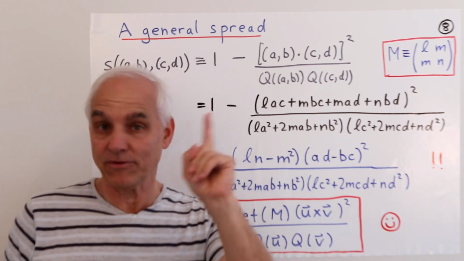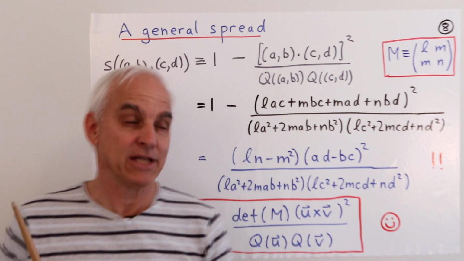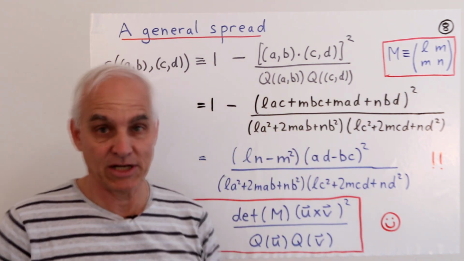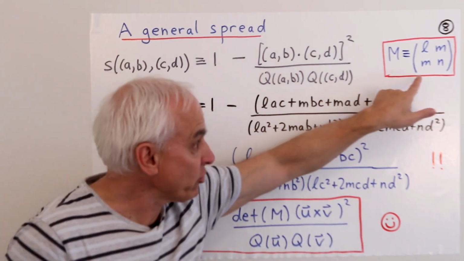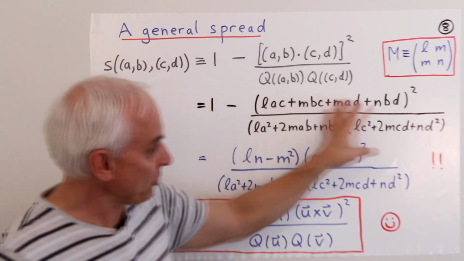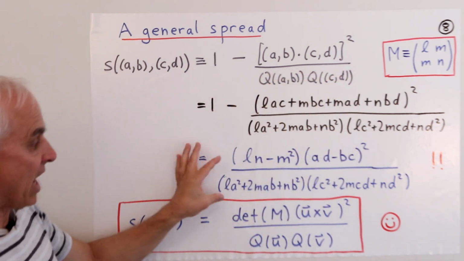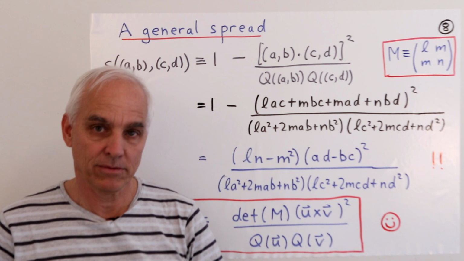And it turns out, remarkably and beautifully, that the same kind of thing happens here in this much more general situation. With an arbitrary 2 by 2 symmetric matrix there, and so this rather more complicated thing, it turns out that this expression here can be rewritten identically in this form here.